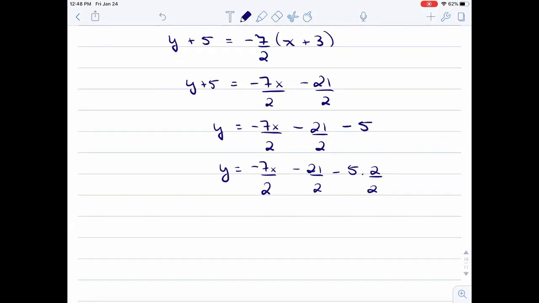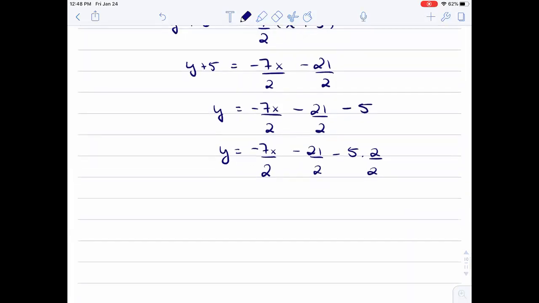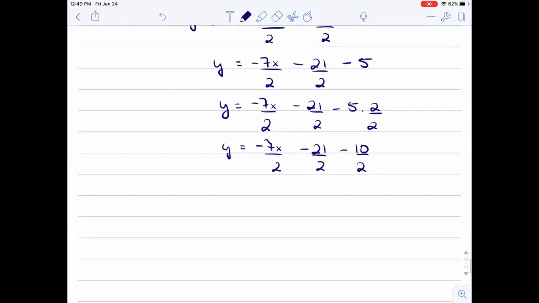Because I'm very nearly out of time here, I'm going to keep going. Y is -7x over 2 minus 21 over 2 minus 10 over 2. We're so close. -21 minus 10, right? You want to be careful with your negatives. That's right.